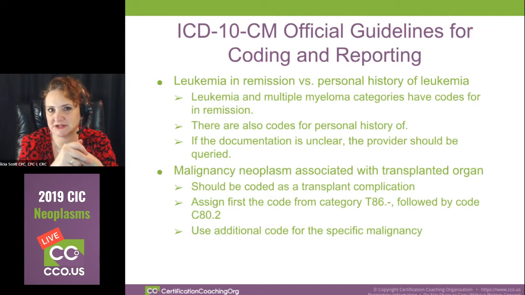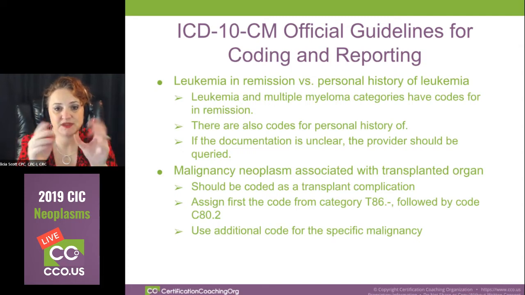Leukemia is a little bit different, because they use the term remission. Leukemia is a blood cancer. The body is not making white blood cells, so you would use remission versus a personal history of leukemia. There are two separate things there.